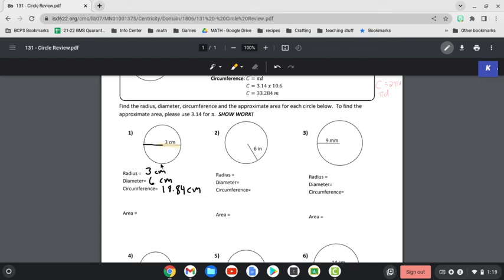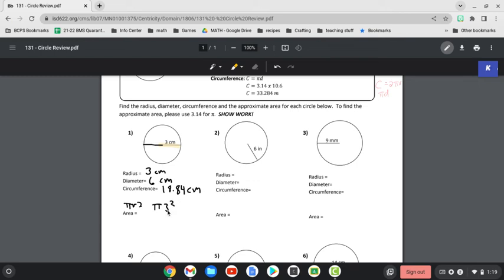And to find the area, we would take our radius, and we're going to do pi times radius squared. So we're going to do pi, or 3.14, times 3 squared. And remember, squaring means you multiply that number by itself.